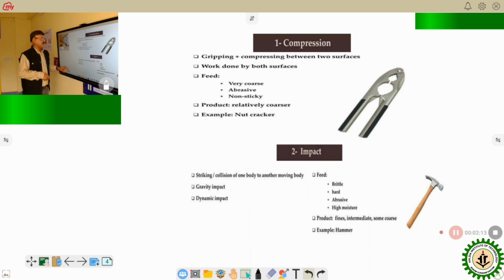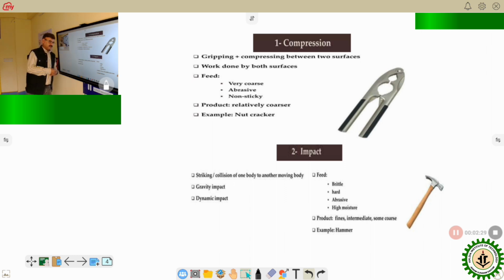The product is generally relatively coarser, for example, in a nut crusher. In a nut crushing machine, compression mainly plays the vital role.